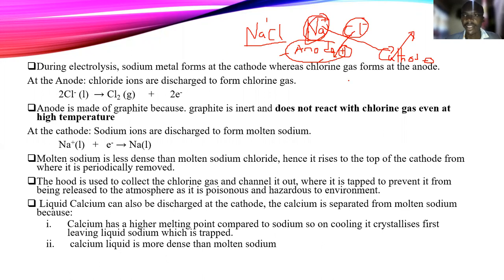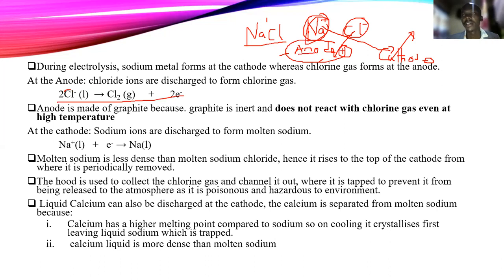And now, just the way I've explained it, the chlorine gas forms at the anode, where the chloride ions are discharged to form the chlorine gas. So we have this chloride ion, which is discharged to the anode.